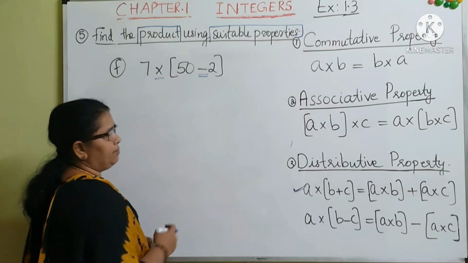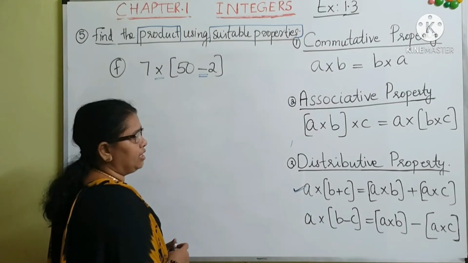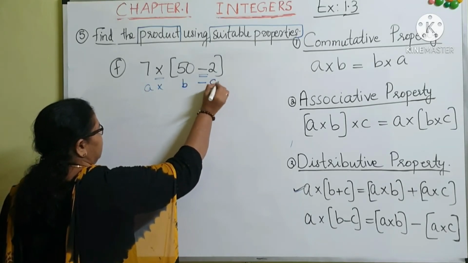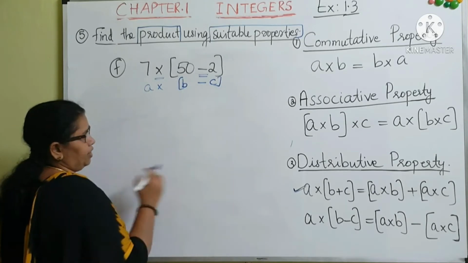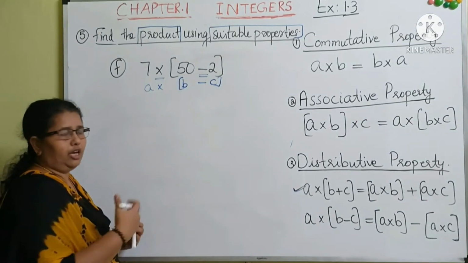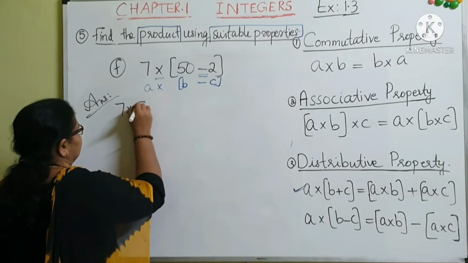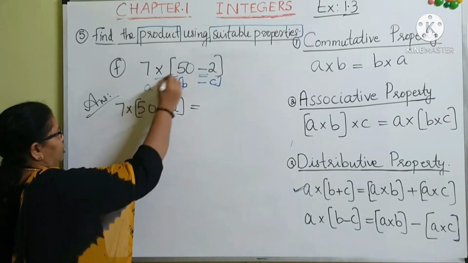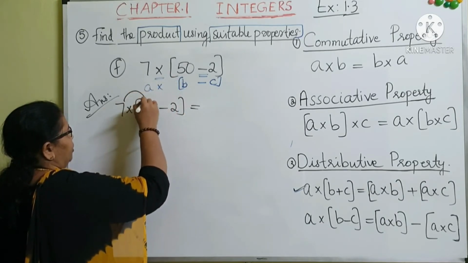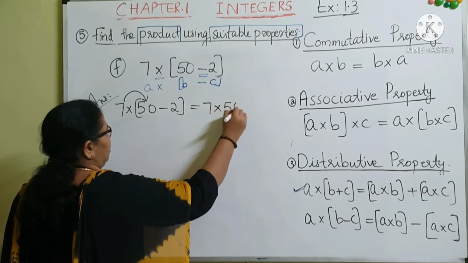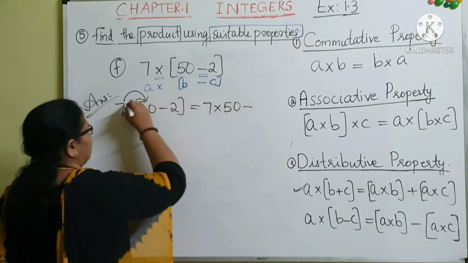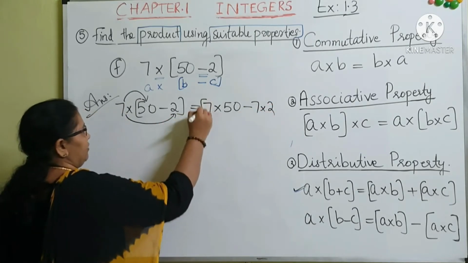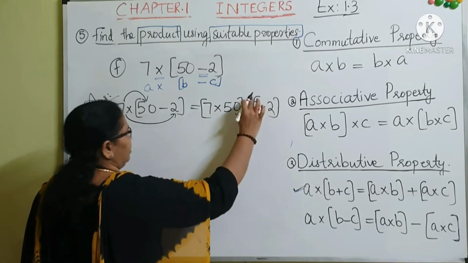That is A into (B minus C) is equal to A into B minus A into C. This is in the form A into (B minus C), so that is A into B minus A into C. Equal to A into B, that is 7 into 50, then minus 7 into 2. So 7 into 50 minus 7 into 2.